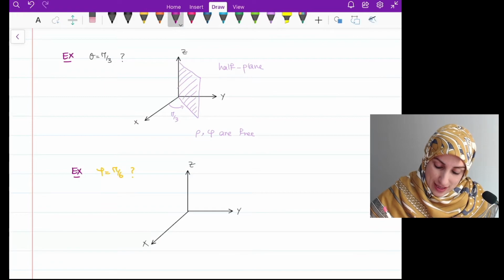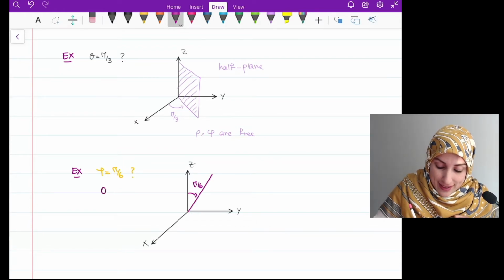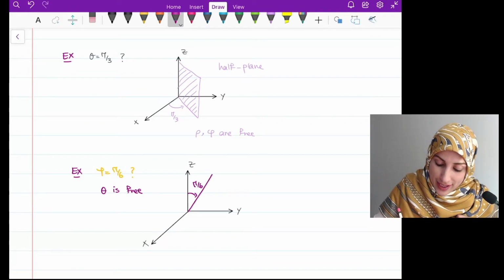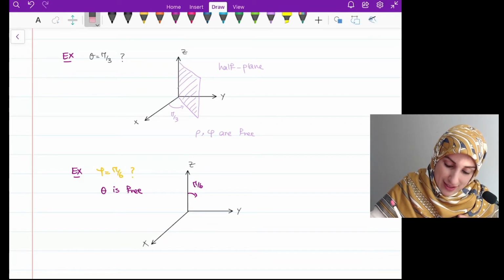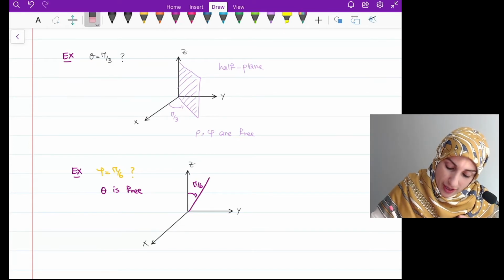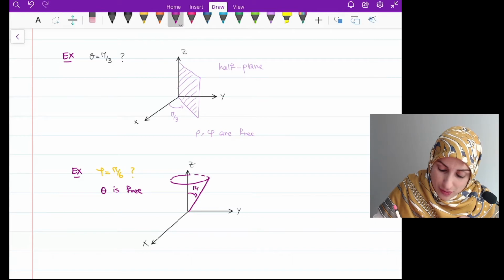So I have pi over 6 in here. And then theta is free, meaning that theta can be from 0 to 2 pi, so I will make it round. Let me make it a little smaller so that I have space to graph it. And this is pi over 6.